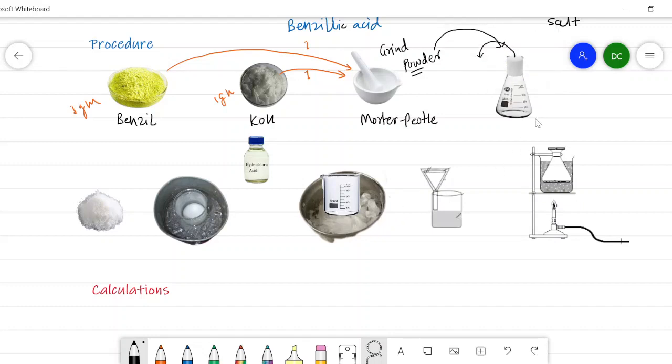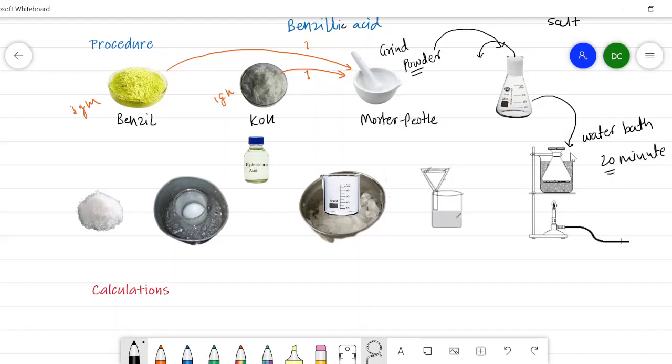And this conical flask, along with the powder of KOH and benzil ground in the mortar and pestle, is heated in a water bath for 20 minutes. How much time? 20 minutes.